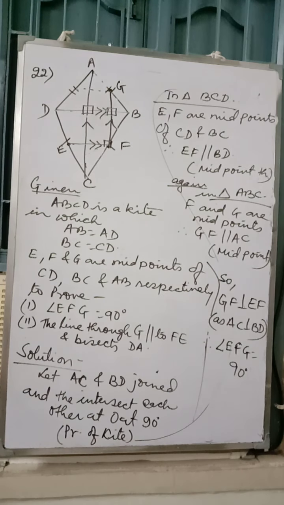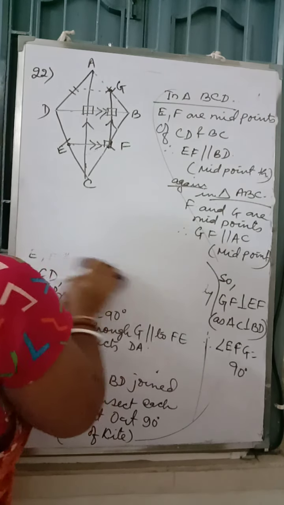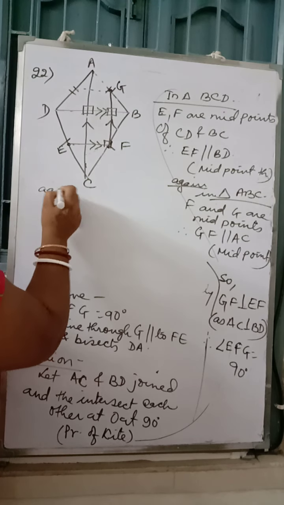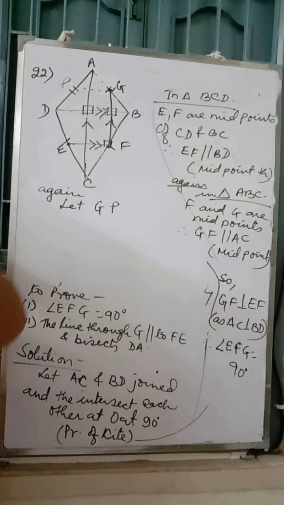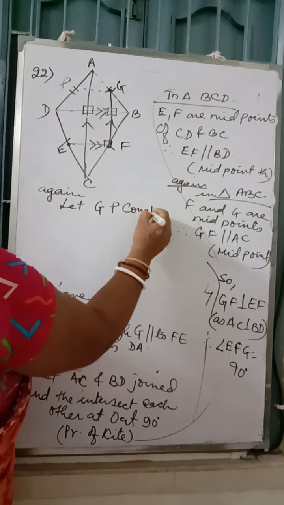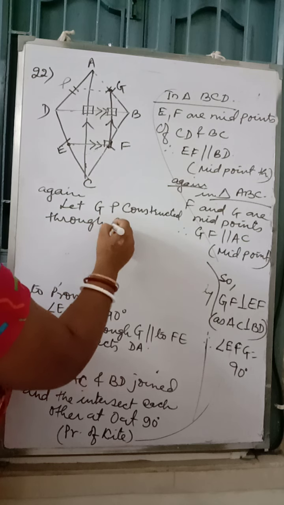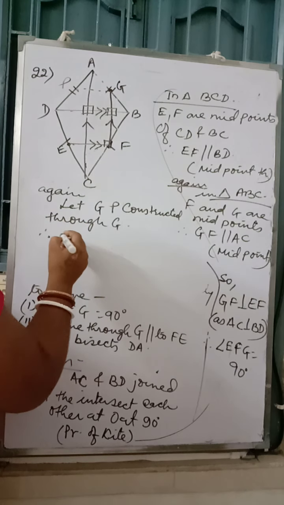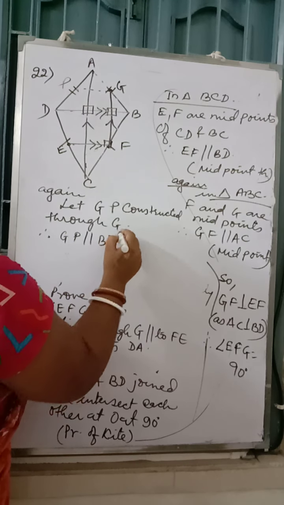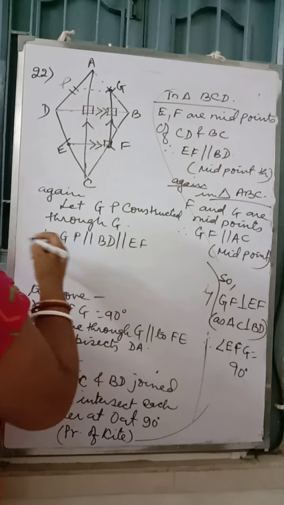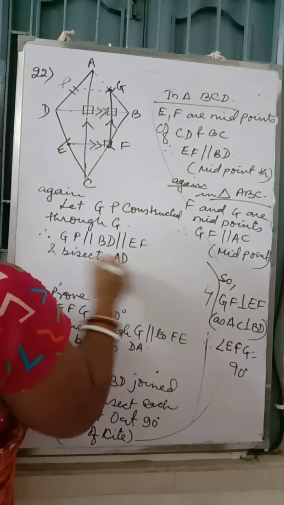So let GP be constructed through G. GP is parallel to BD or parallel to EF and bisects AD.